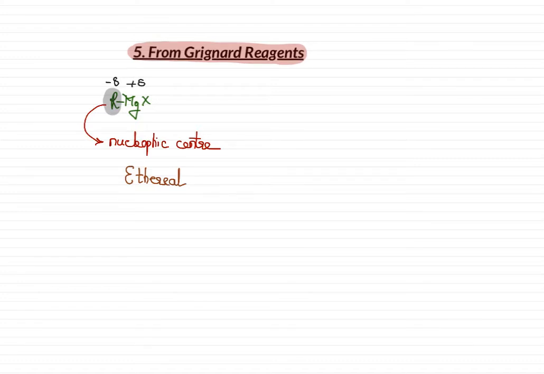Grignard reagent generally is prepared in solvents like ether, and ethereal solution of RMgX is poured over, is added to dry ice.